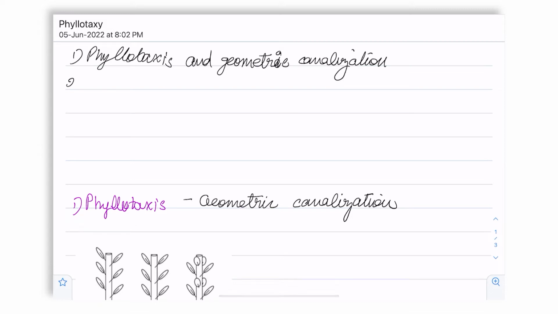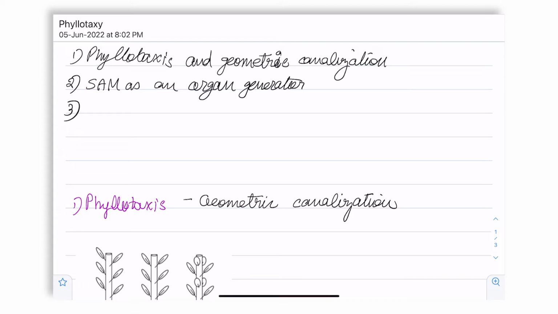Move on to the shoot apical meristem as an organ generator. Then touch upon something you learned in high school, the Fibonacci series, and something you will have seen in popular writings in maths called the golden ratio.